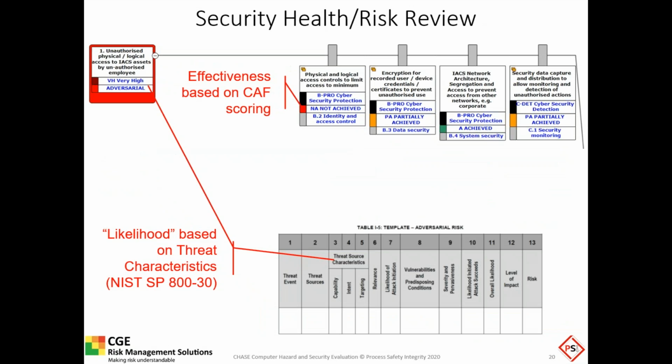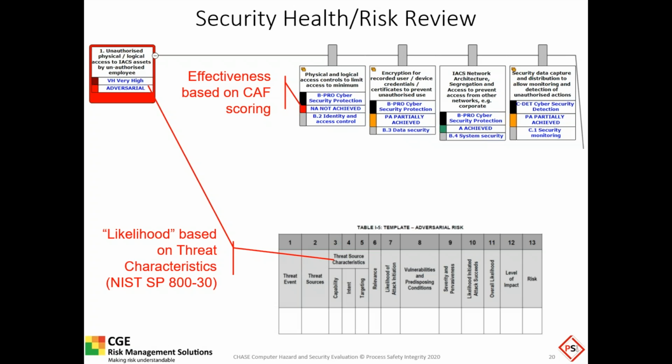The next step is to dig a bit deeper and to better understand the risk by considering the likelihood of attack and the effectiveness of the countermeasures. So the likelihood of attack we've taken from the US NIST guidance, SP 830, which again, it's all freely available.